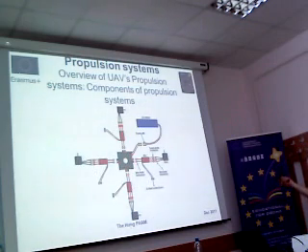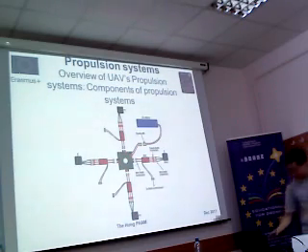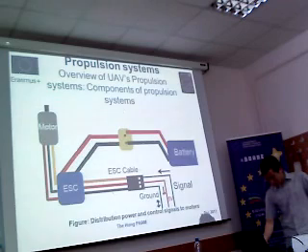And this one has the power distribution board. So the power from the battery will be distributed to this board, and from this board we will distribute to the ESCs and everything. For this one we don't have this distribution board.